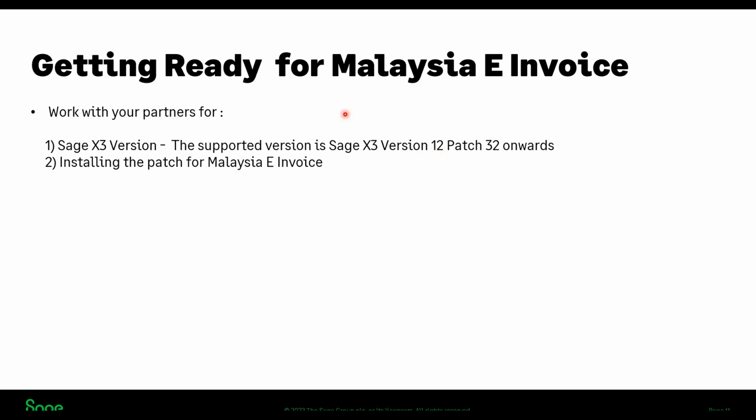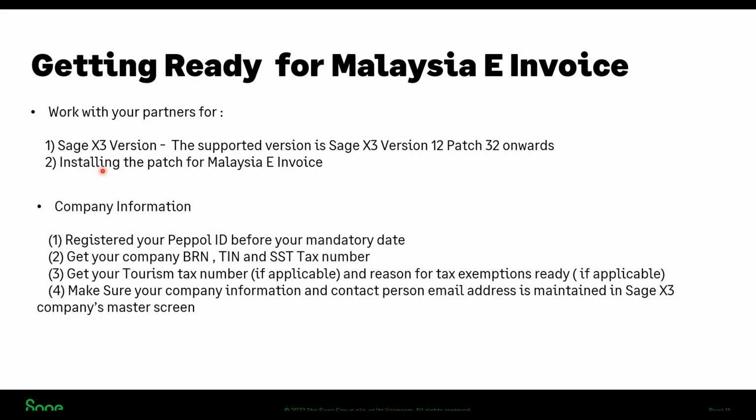Why? Because for this Malaysia e-invoice in Sage X3, we started development from version 12 patch 32. If you are using lower versions, then maybe you need to consult with your partner. And you also need your partner's help to install the patch for this Malaysia e-invoice into your Sage X3 environment.